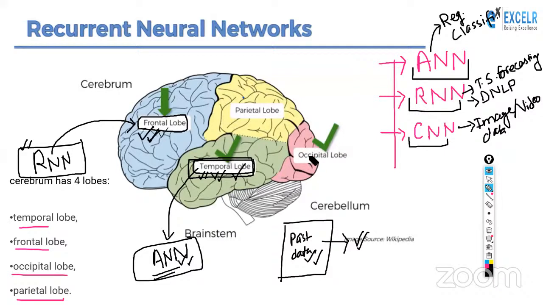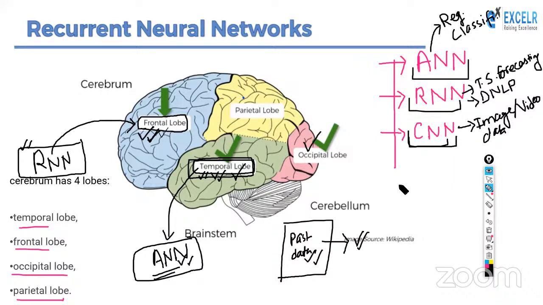Then we have something called the occipital lobe. The functionality of the occipital lobe is that it recognizes the images or videos we see in our day-to-day life, and based upon those it does the processing and passes the signals. This functionality is incorporated in the neural network model called CNN.